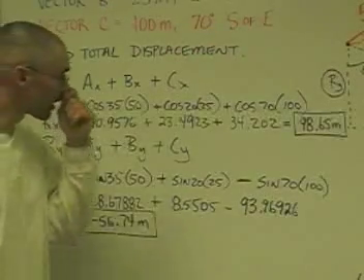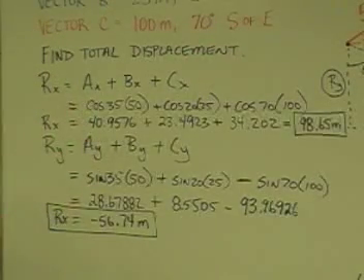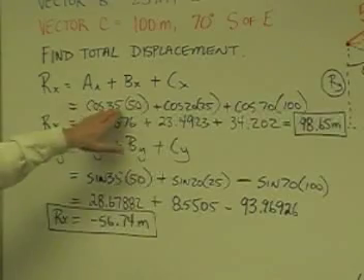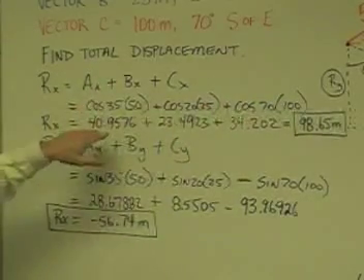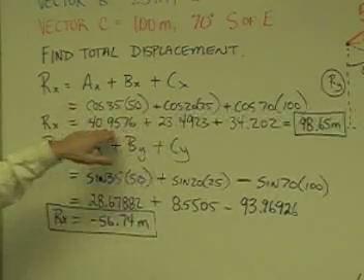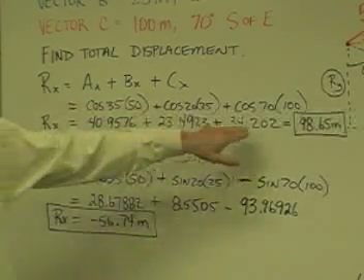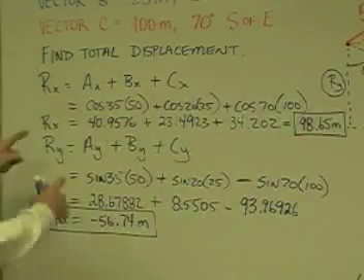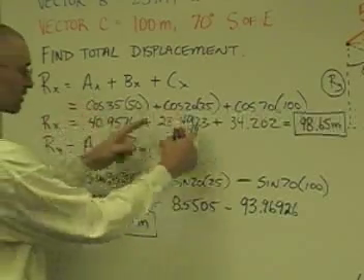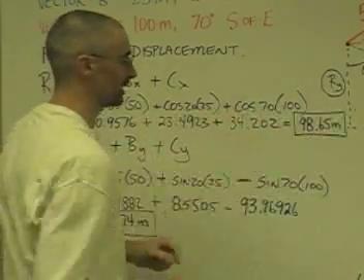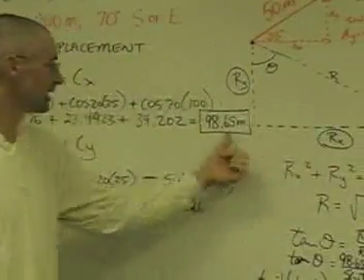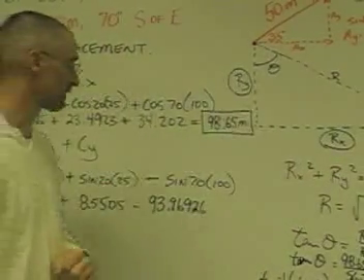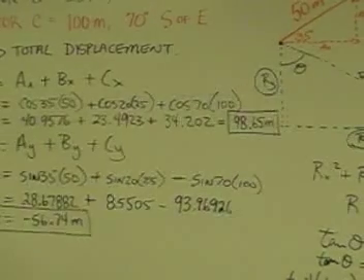All right, so where we left off, guys, when I quit to do some calculations, is we had set up AX plus BX plus CX. I came in and did the calculations with my calculator, cosine 35 times 50, came up with these numbers, and I added them together. So my Rx is equal to my AX plus BX plus CX, which comes out to be 98.65. Now we also came down in our Ry section.